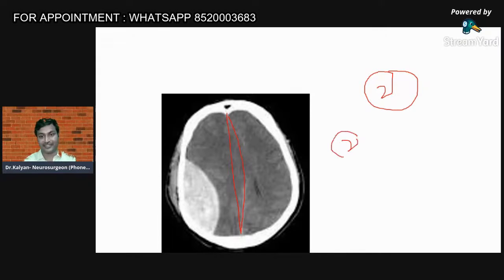What is your diagnosis for the second one? I'm waiting for your answers.